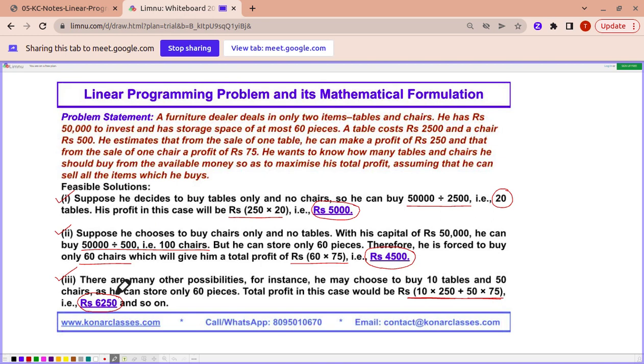Now one thing in the third case you need to check is that by purchasing 10 tables and 50 chairs, what will be the entire cost price.